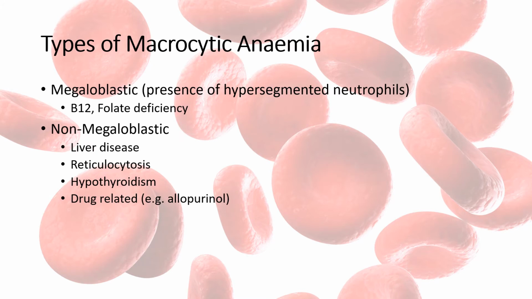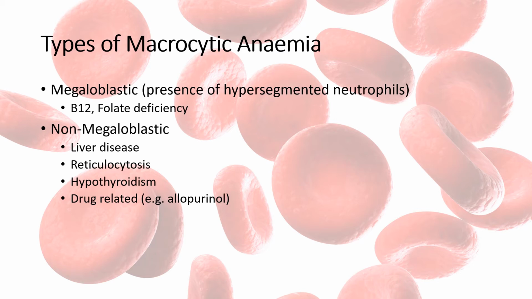Macrocytic anemia is the last broad classification of anemia and is further subdivided into megaloblastic and non-megaloblastic anemia. The differentiation of the two types comes from the assessment of the peripheral blood smear to assess for the presence of any hypersegmented neutrophils, i.e. with greater than 5 lobes on their nucleus, with the presence of large oval red blood cells.